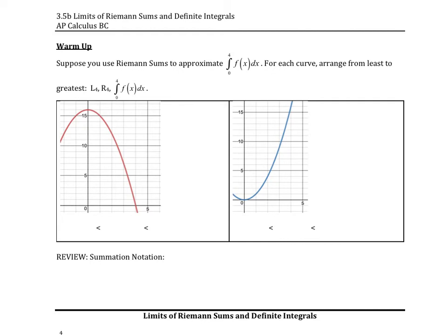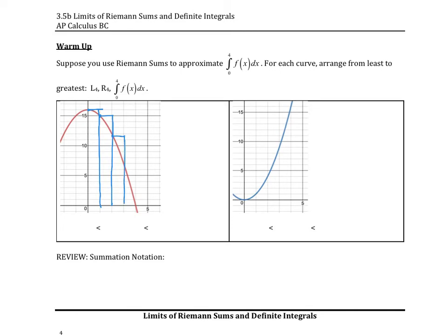We should be able to draw our rectangles. So if I look at my left-hand sum, for example, for this graph, my left-hand sum, no matter how big of rectangles I draw, is going to be just a bit more than the actual area.